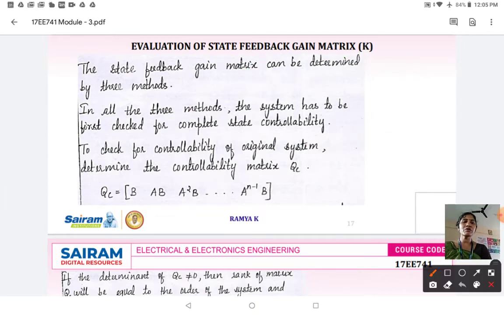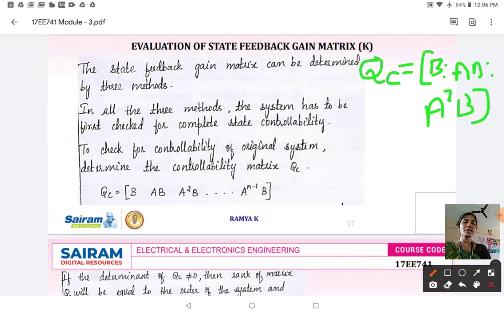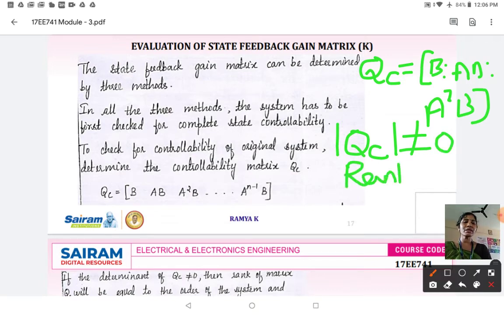Under Kalman's test, we need to identify the controllability matrix. The controllability matrix is equal to B, AB, A squared B, and it goes on up to the number of state variables. After identifying the controllability matrix, I have to find the determinant value of this composite matrix. If this determinant is not equal to 0, then the rank of the matrix is equal to the order of my state variables.